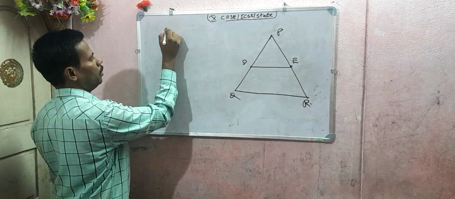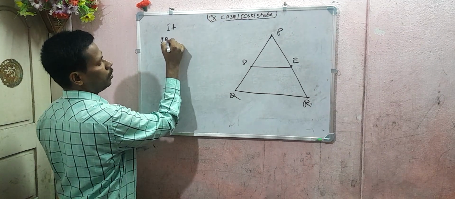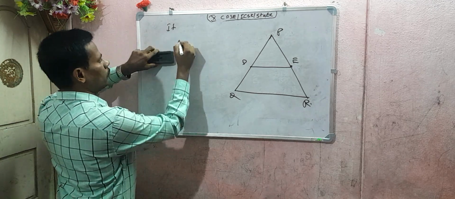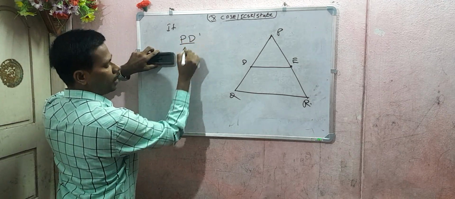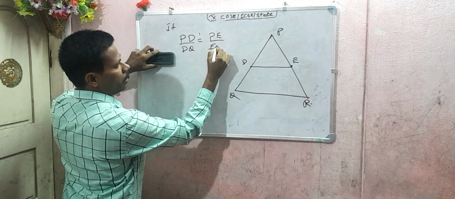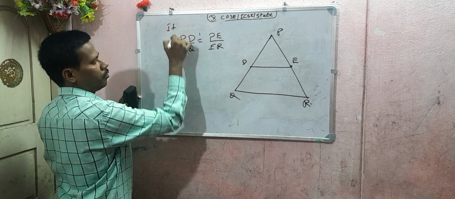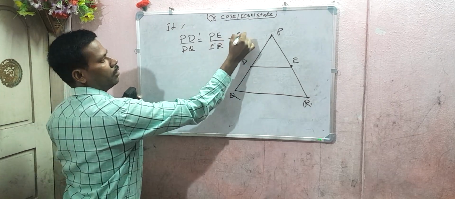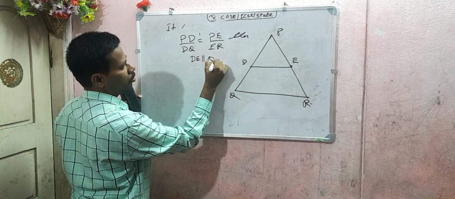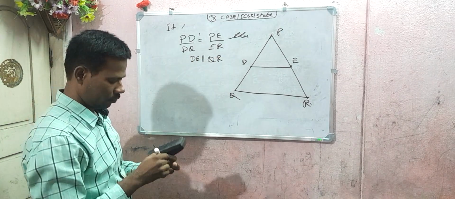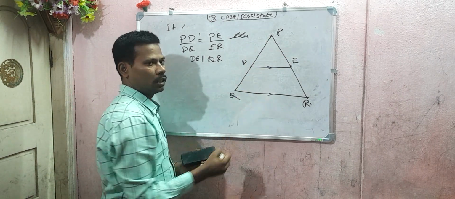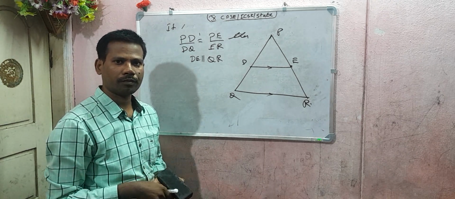Now, if PD by DQ is equal to PE by ER, then DE is parallel to QR. Just the converse. Now the ratio is the same, then that line is parallel to the third side. This is the converse of the basic proportionality theorem.